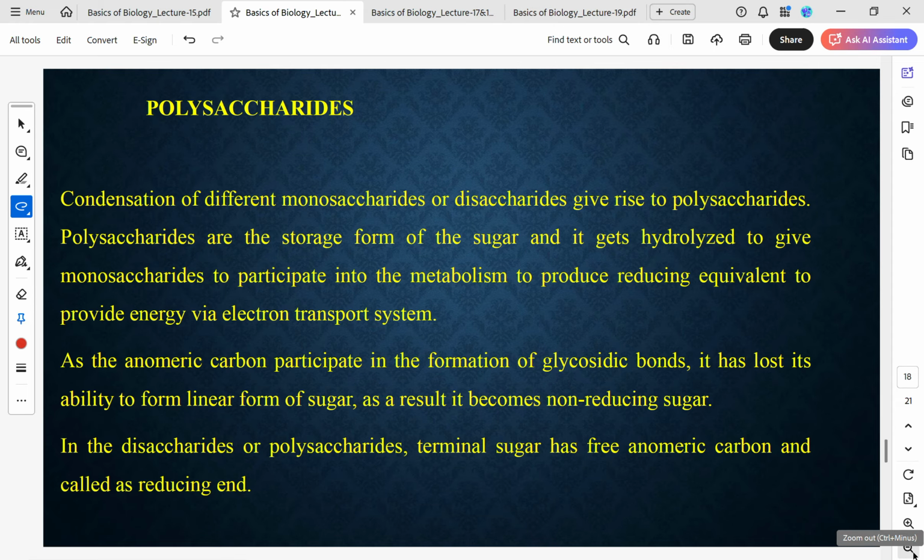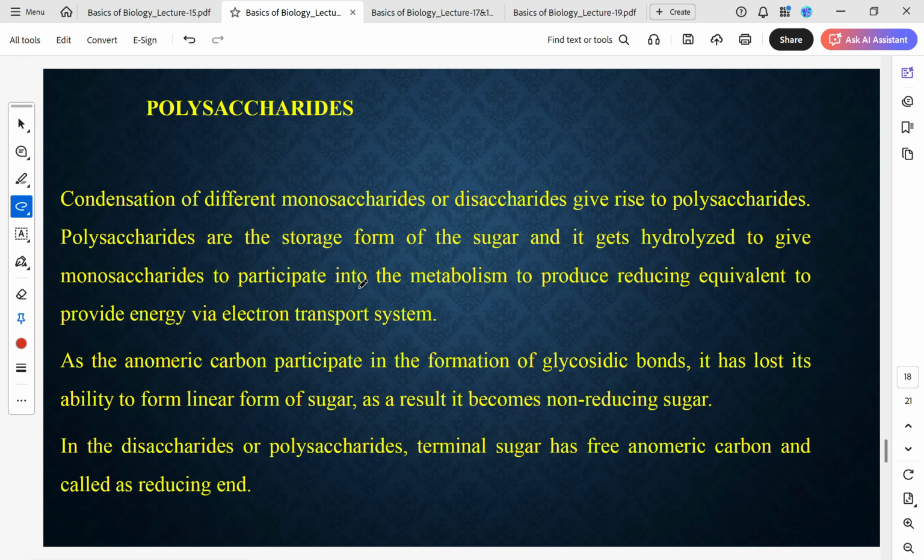So if different monosaccharides or disaccharides condense together, they give rise to polysaccharides. Polysaccharides are nothing but a network of monosaccharides and disaccharides. Sugar usually is stored in the form of polysaccharides, and when it comes time for utilization, it is used in the form of monosaccharides or disaccharides.